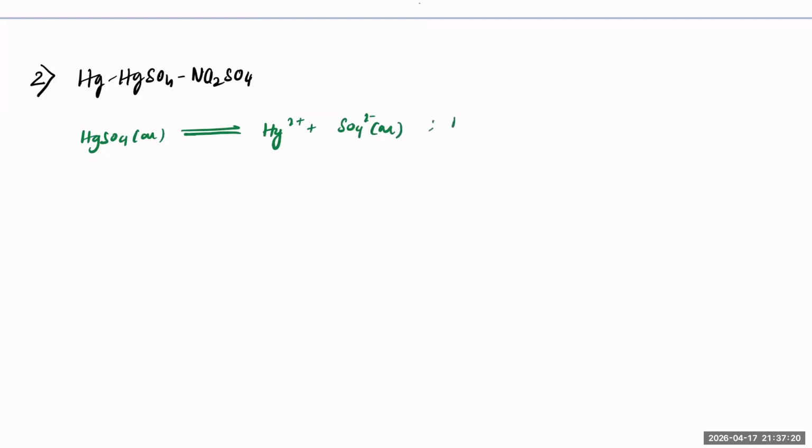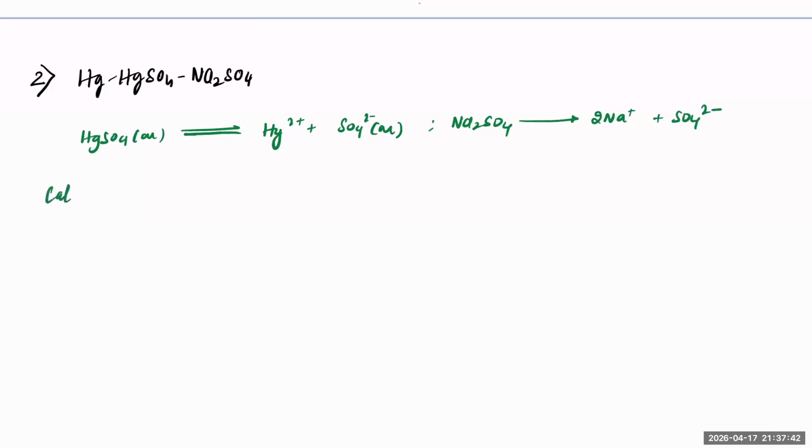And then we have Na2SO4, got it? That gives away Na plus and SO4 2 minus. Okay, this is how the ionized form of Na2SO4 will be.